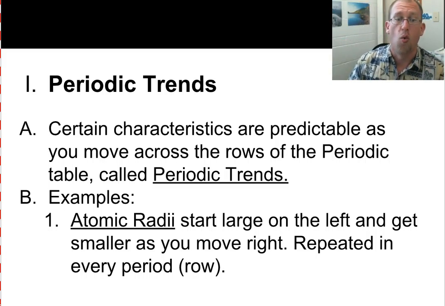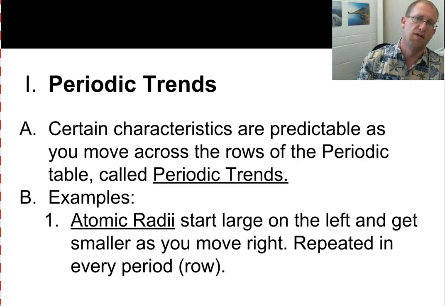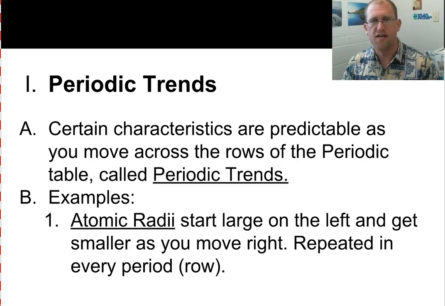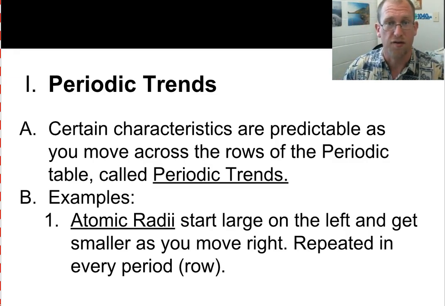One of those is that atomic radii gets smaller. And at first you're like, what? They get smaller? I thought that there was more atom there. There is. There's more stuff. There's more protons, probably more neutrons, and there's more electrons as you move across the table. So why does that get smaller? Well, electrons and protons like each other, right? They're opposites, and opposites attract.